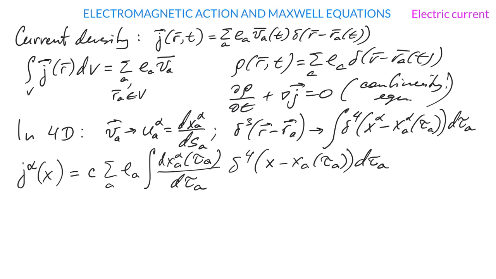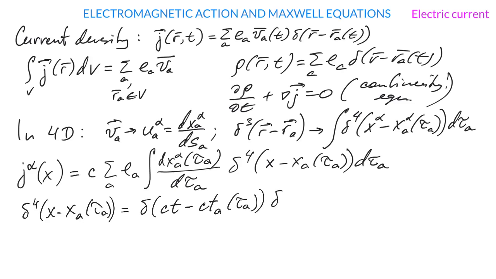So let me explain why this works. Let's look at the delta function first. This 4-dimensional delta function, by definition, is delta of ct minus ct_a of tau_a, and then there's a delta function for r minus r_a of tau_a. Now we have the integral over d tau, which can be used to eliminate this first factor in the delta function.